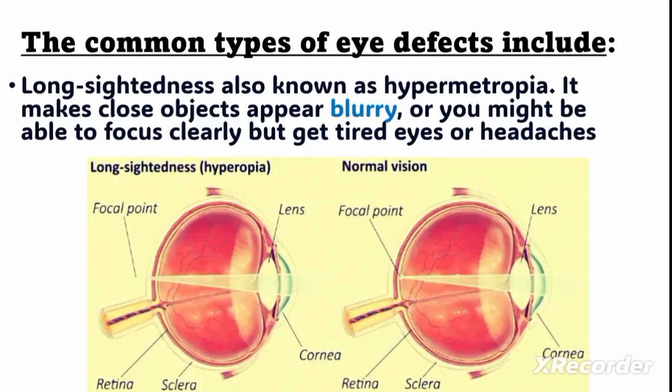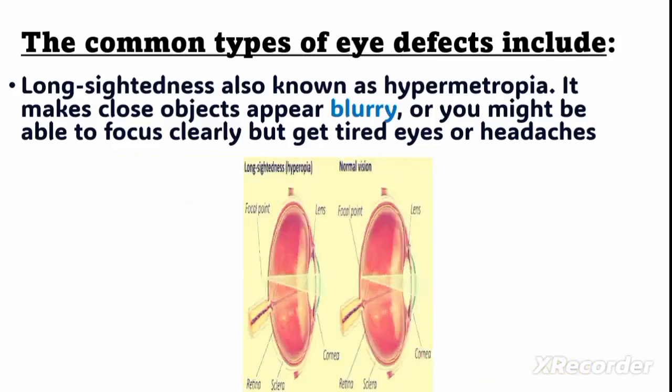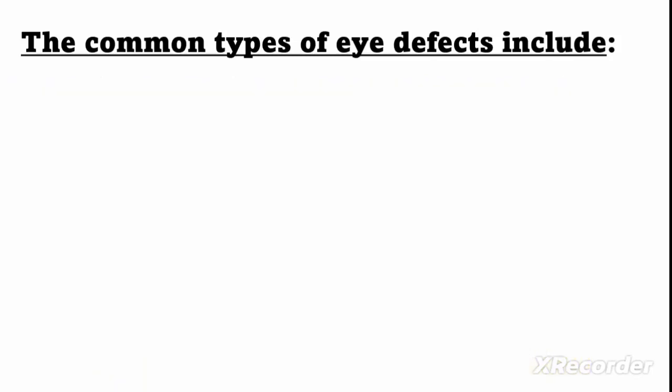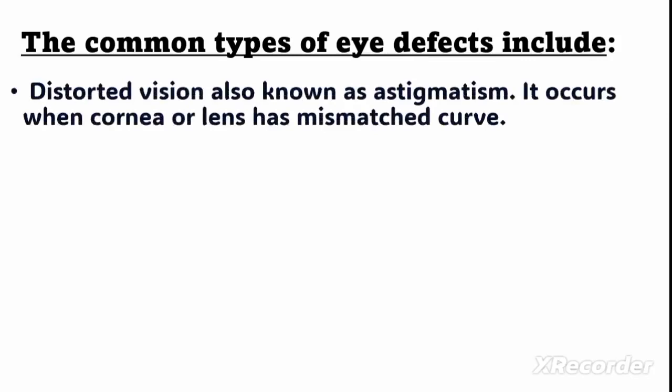We can see that the focal point has formed beyond the retina, or the focal point has formed outside the confinement of the eye. So the focal point has formed here. Like I said, the focal point is supposed to be here. So this will cause long-sightedness.